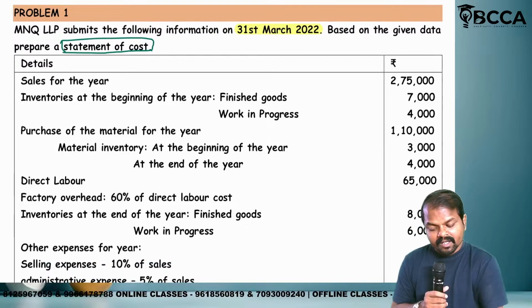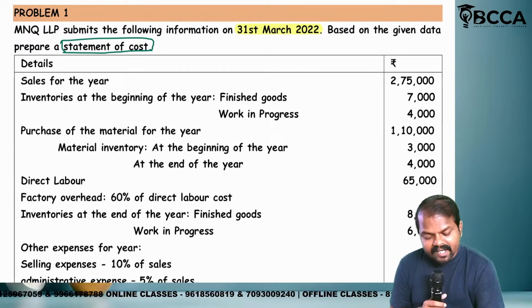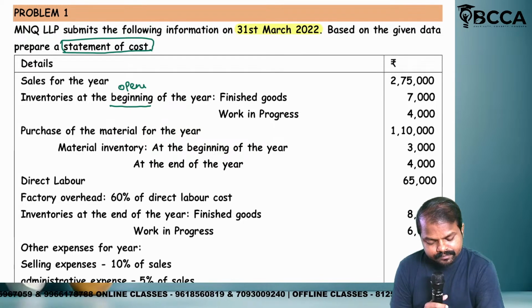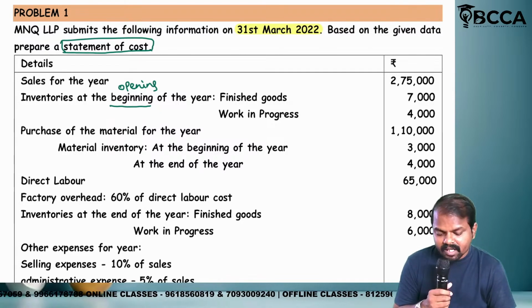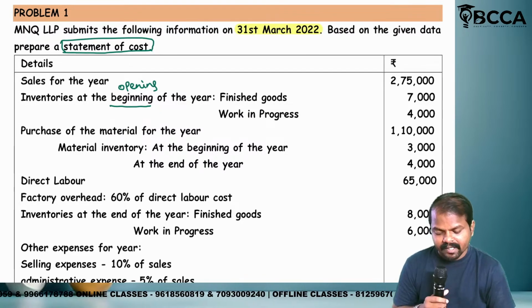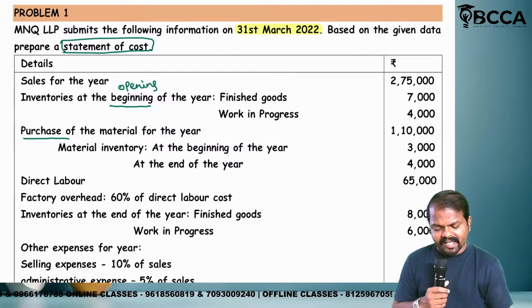Listen. Sales: 2,75,000. Inventories at beginning. Beginning means opening. Beginning of the year means opening stock of finished goods and opening stock of WIP. Next, purchases of material for the year they gave.